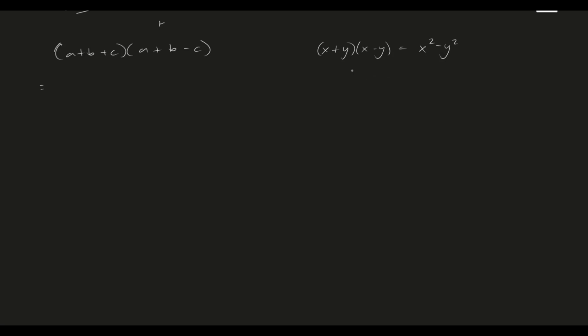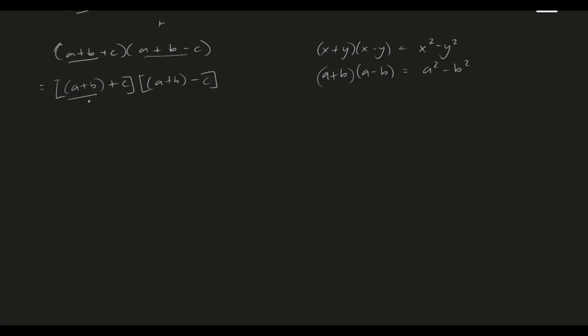It's not different from the previous formula in which we use a plus b, a minus b is equals to a squared minus b squared. So what we're looking at here is 3 variables. However, if we group the a and b here and also the a and b here, since they are the same, that leaves us positive c on this part. Also, we have to group the a plus b here, c as negative c, this part.